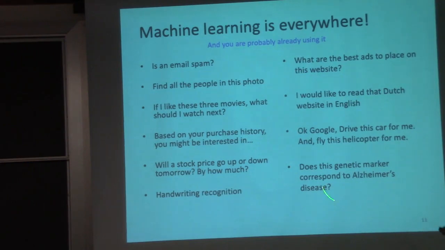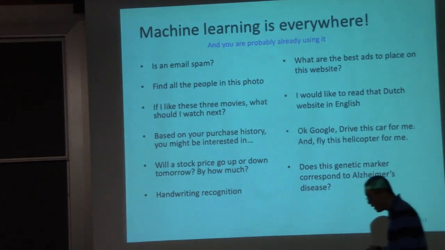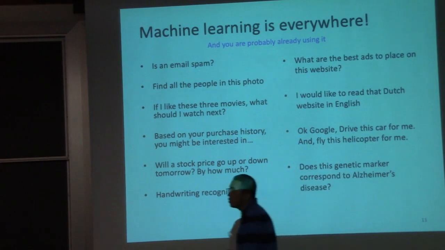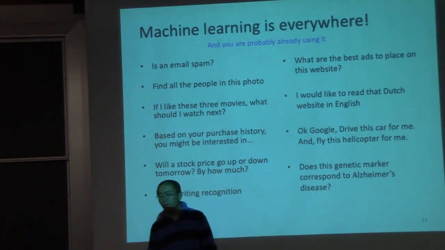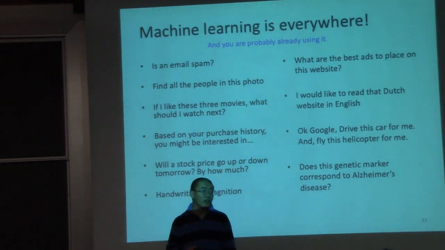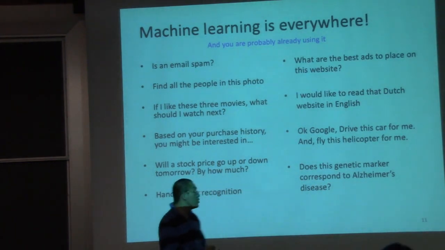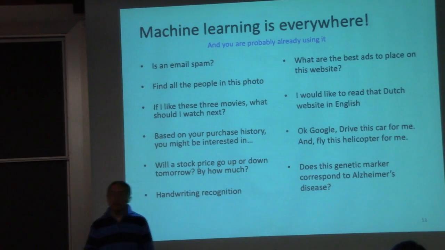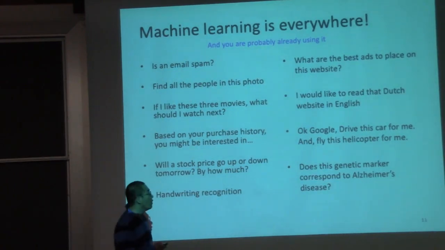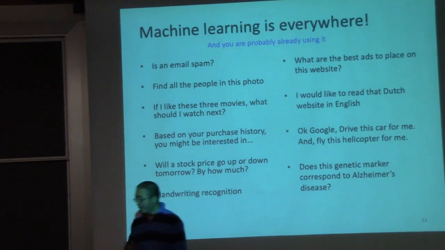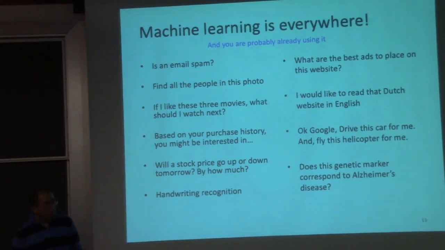Based on these genetic markers, we develop effective models and algorithms for early diagnosis and preventative cares. So those are just a few examples of machine learning applications. And they are all reality, not something we imagine, but something we hope.